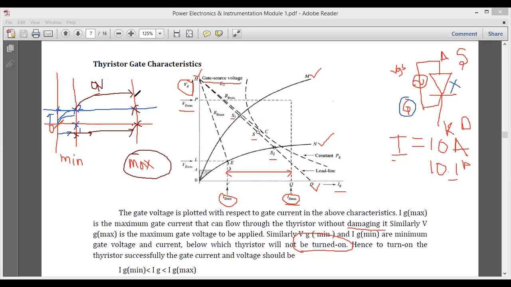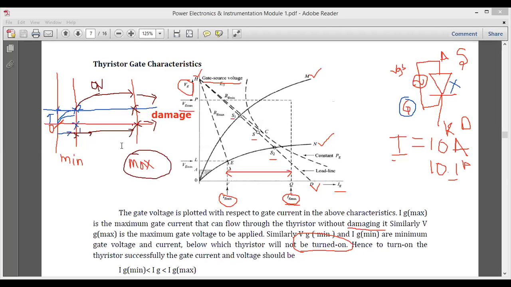But if you cross beyond these cross marks, the maximum point of current and the maximum point of voltage, then your SCR will be damaged. This is what the gate characteristic says.